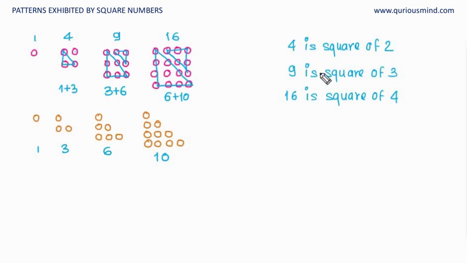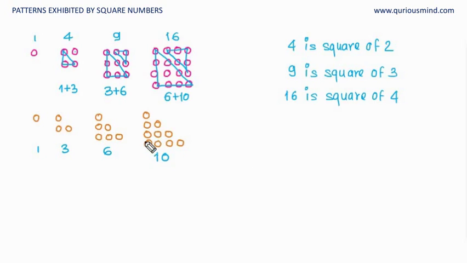To find the square of 3, we go to the third triangular number and add the previous triangular number to that. 6 plus 3, 9. For the square of 4, we go to the fourth triangular number and add the previous triangular number, which is 6, to get the square of 4. So that's an interesting property of square numbers.